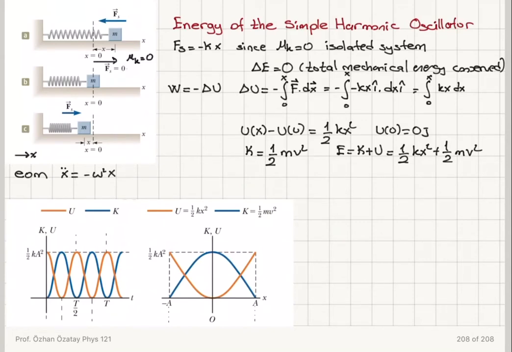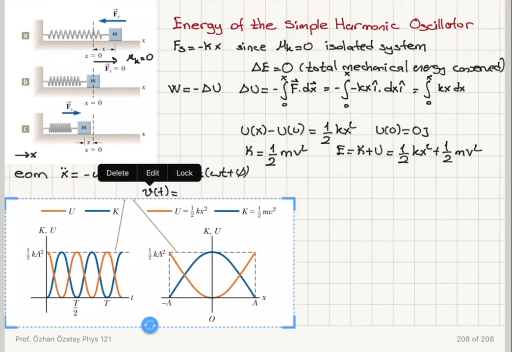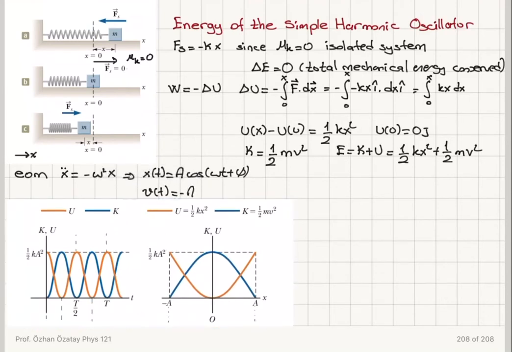Now I want to recall the equation of motion. The equation of motion was x double dot is equal to minus omega squared x, and the solution to this equation was x of t is equal to a cosine of omega t plus phi, and the velocity as a function of time is minus a omega sine of omega t plus phi.